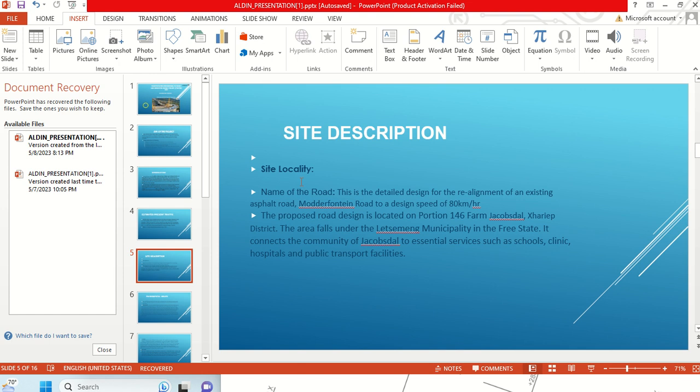I've attached the map in my report. The road is located on 146 Farm, Jacobsdal district. The area falls under Letsemeng municipality in Free State. It connects the community of Jacobsdal to very important services such as schools, clinics, hospitals, and public transport facilities.